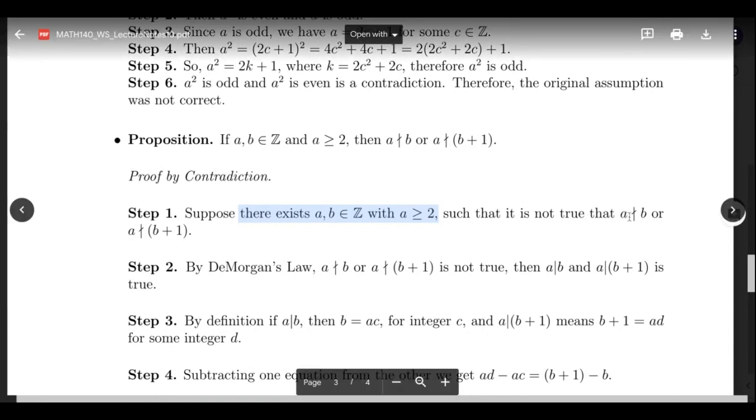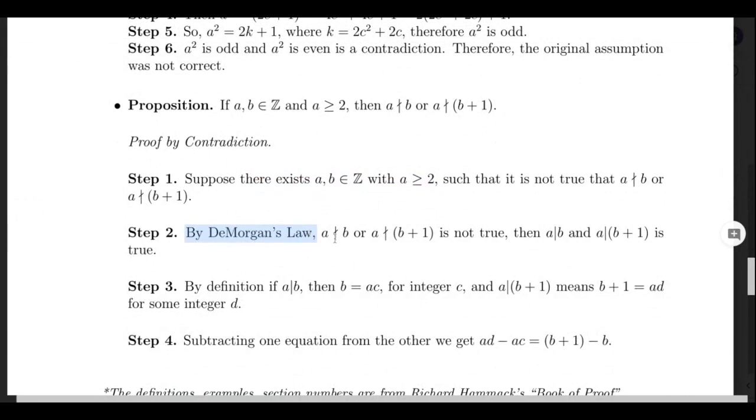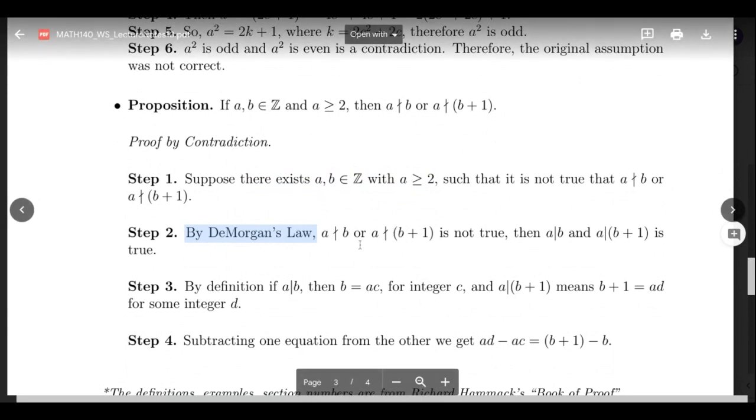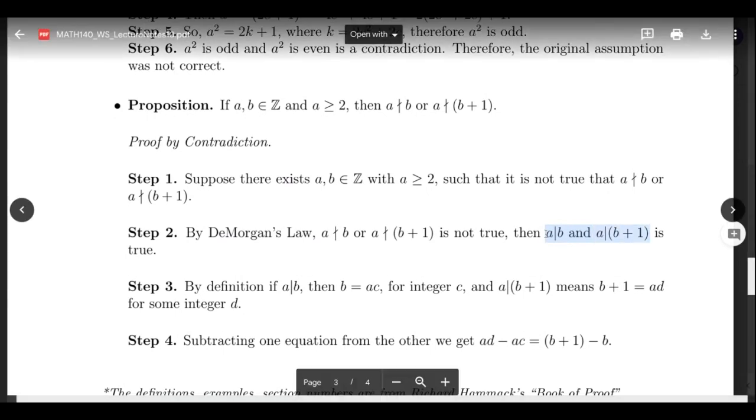It's not true that A does not divide B or it does not divide B plus 1. By De Morgan's law, the negation of these composite statements means A divides B and A divides B plus 1.